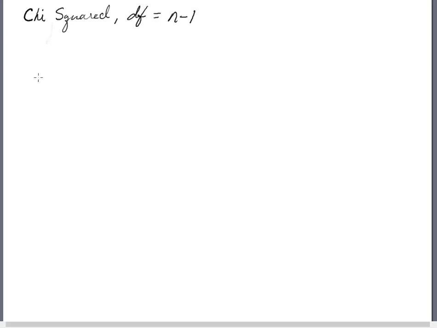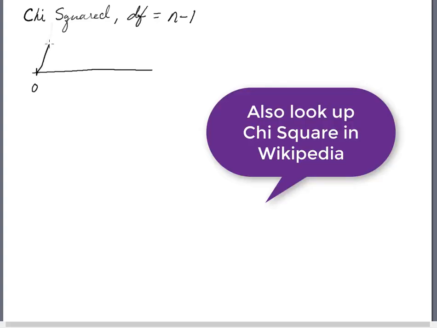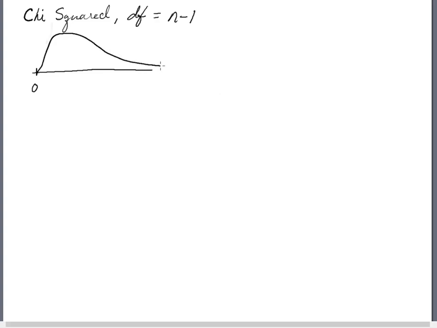Now let me just sketch for you what a chi-square distribution looks like. We'll take this to be our real number line, and we're going to start here at 0. And the chi-square distribution will look something like that. Now that would be a chi-square distribution for fairly small degrees of freedom.